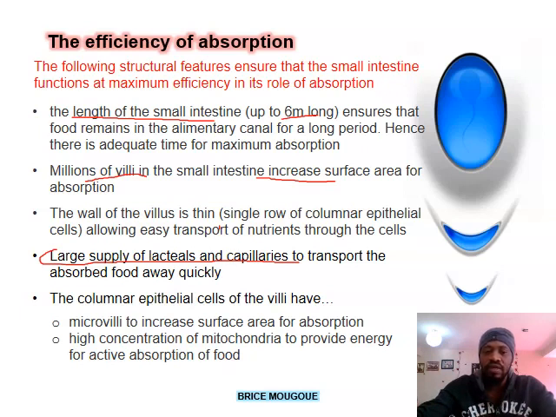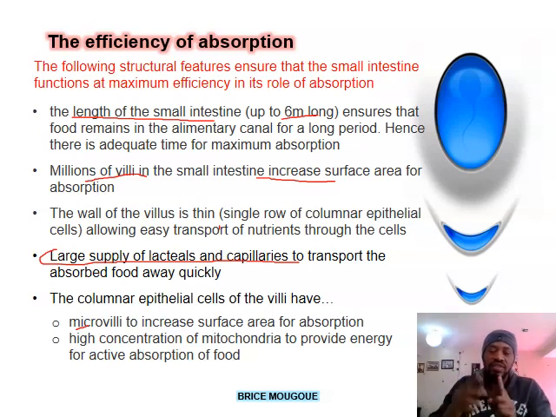Again, when we look at the columnar epithelial cells that are found in the walls of the villi, we will notice that there is also the presence of microvilli. It means each villus has many small villi of its own around it.